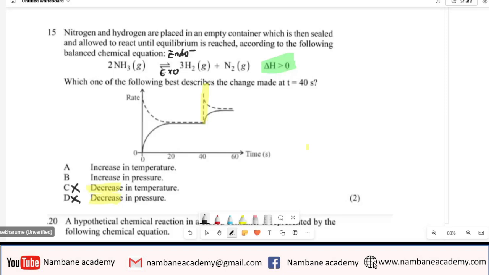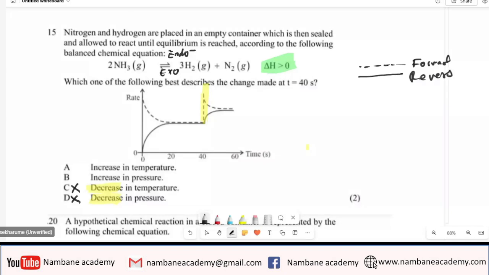So you want to see if there is an increase in temperature. If I increase the temperature, I'm going to favor the endothermic reaction. So my dotted line will be the forward reaction and the solid line will be the reverse reaction.